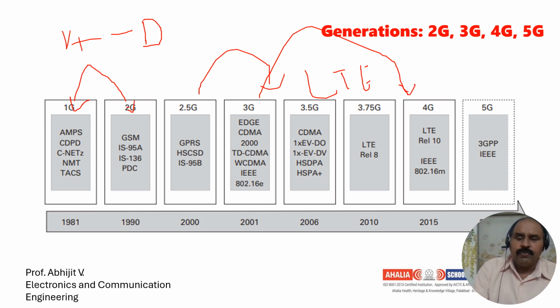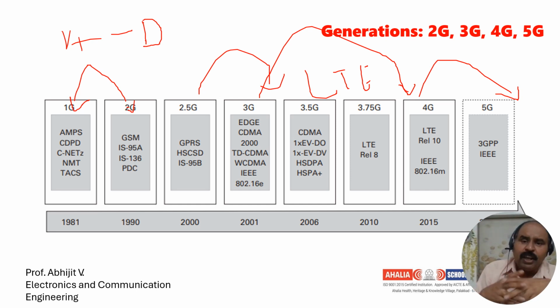From 4G to 5G, things have changed further drastically, from the Internet of Things to the Internet of Everything. Almost every machine, every human being, everything in the world started getting connected to the cloud, and we started using the internet for controlling machines and many other kinds of applications.